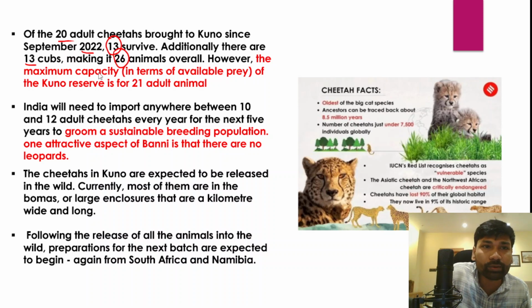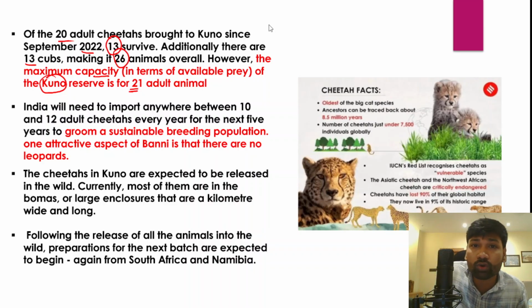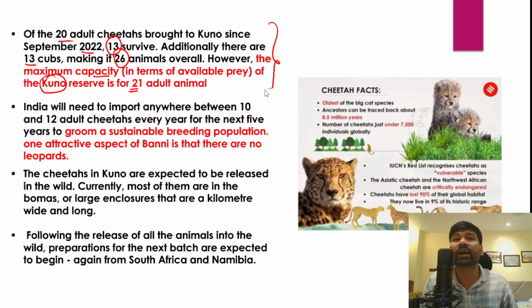However, the maximum capacity of Kuno Palpur National Park is just 21 adult animals, and as of now Kuno has 26 animals, pointing to the fact that we need to relocate the excess cheetah population.